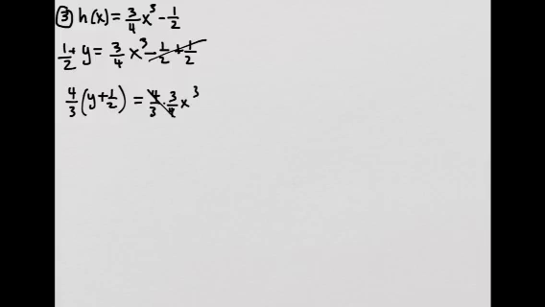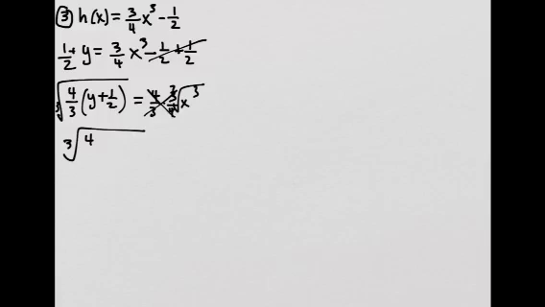Okay, so this and this becomes 1. And so now I have x cubed equals this. So I'm going to take the cube root of both sides. So now I have cube root of, should I distribute it or leave it like that? Let me just distribute the 4.